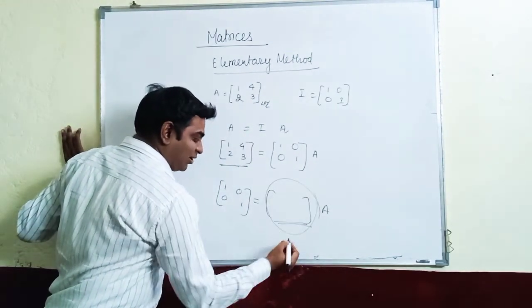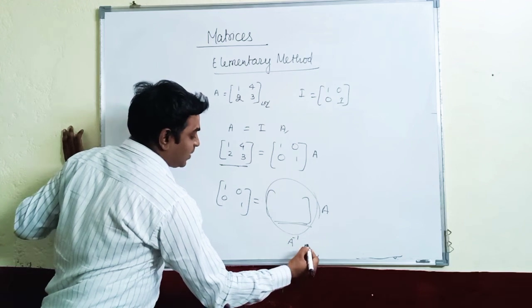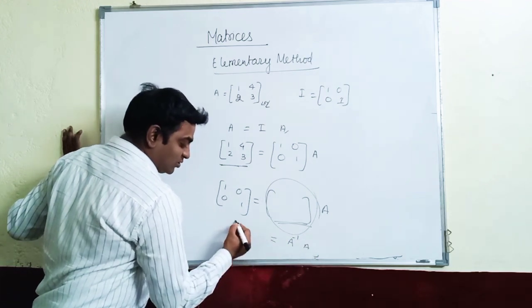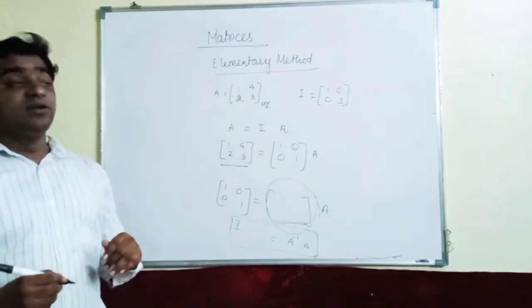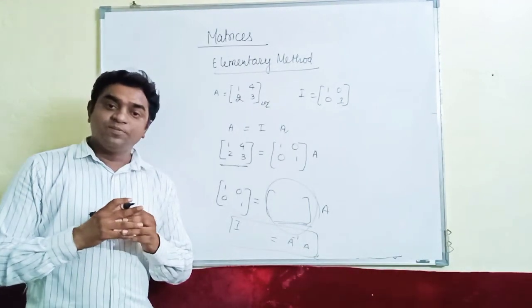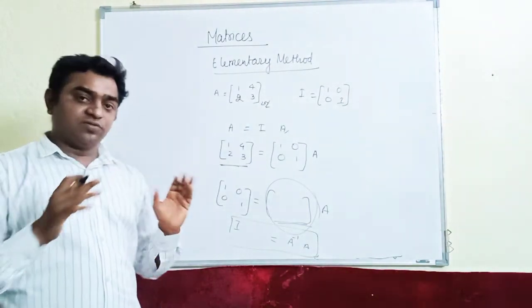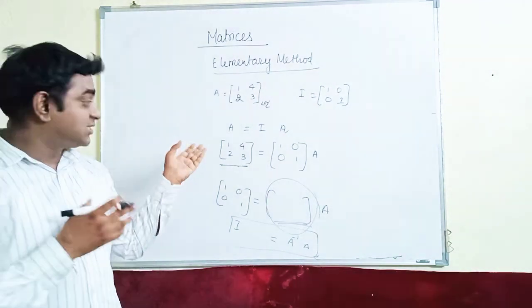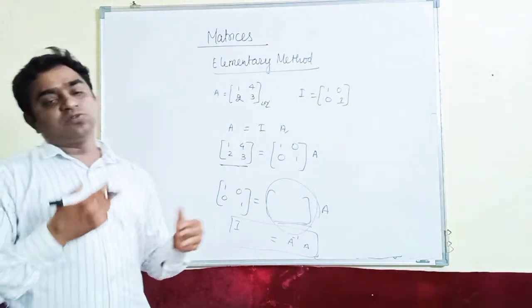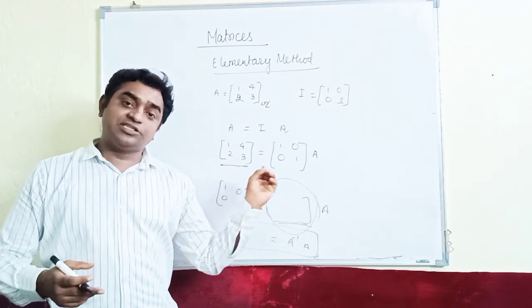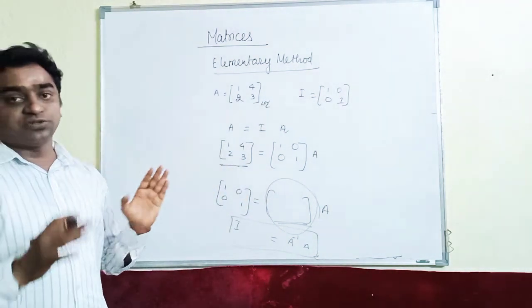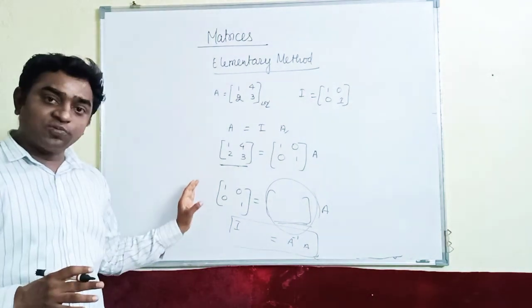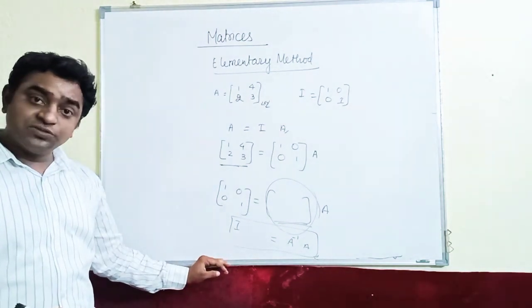This entire value becomes A inverse, and the solution will be I equals A inverse into A. So this is the method, but it will not be clear from this equation. I have to start from the initial, but I just showed the basic structure to you, and this will be the format for how you will deal with the question.